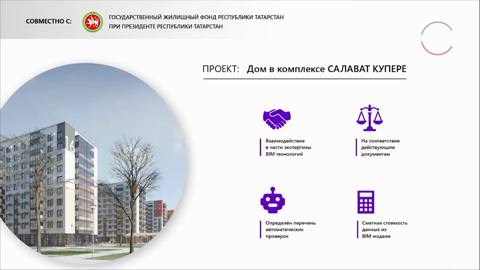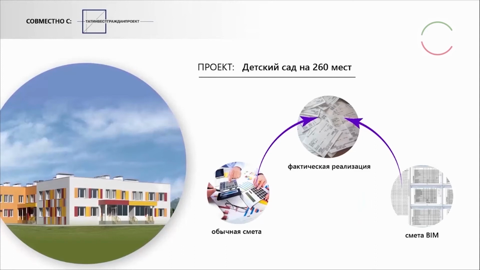First, they worked out the interaction between the developer and designer using the BIM technology, and the BIM technology was tested in order to meet the standards of the current legal framework. They defined a list of automated tests for the residential buildings. They tested the estimate cost taking into account the information from the BIM model.